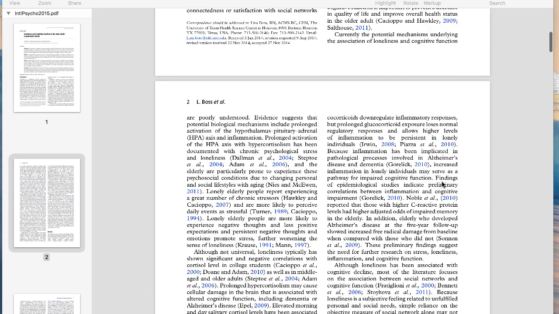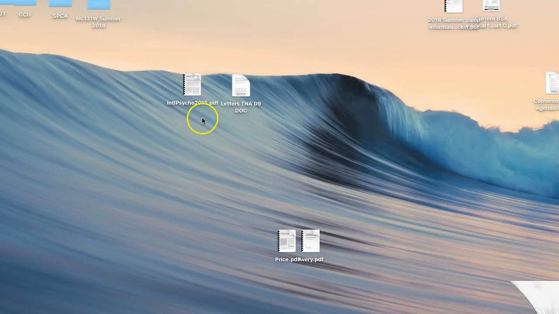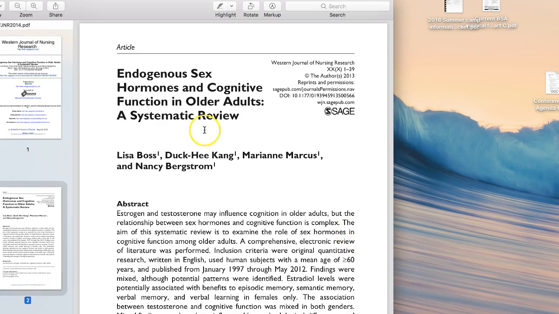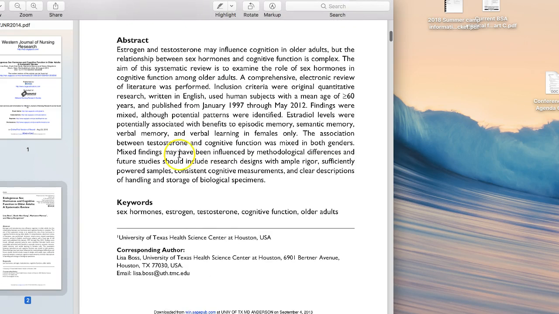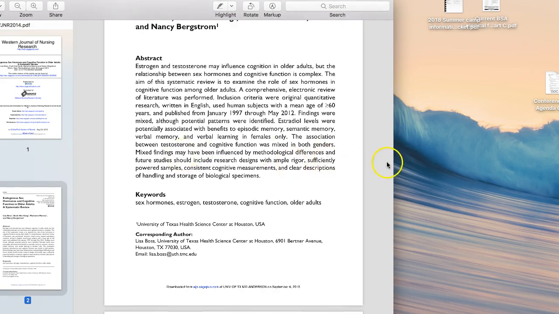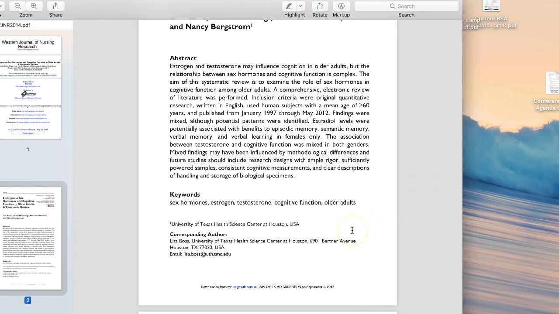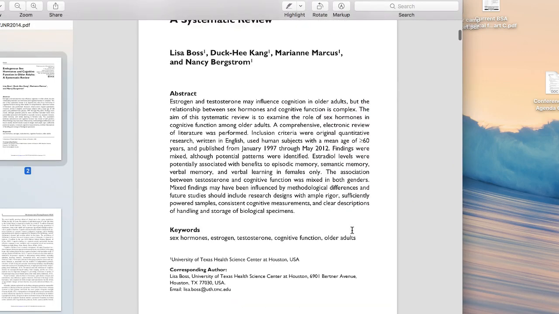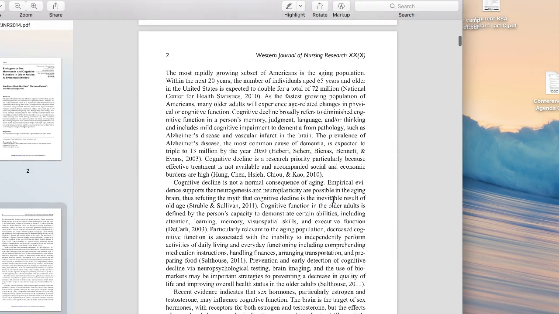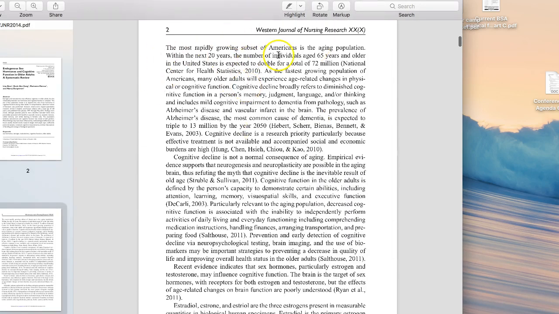And then I have, just to look at this other one of mine, another systematic review that I did, endogenous sex hormones and cognitive function in older adults. And so it follows a similar format as the other one, although it's much longer. I think this is 40 pages. So I started out here with the abstract, and then I'm talking about how the most rapidly growing subset of Americans is the aging population.